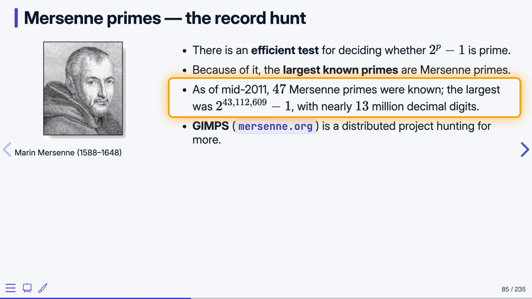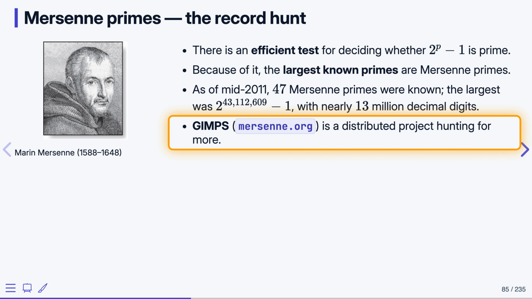The largest was 2 to the power 43,112,609 minus 1. Written out, it has almost 13 million digits. People hunt for new ones together in a shared project called GIMPS, which stands for the Great Internet Mersenne Prime Search. Anyone can lend a computer to it.